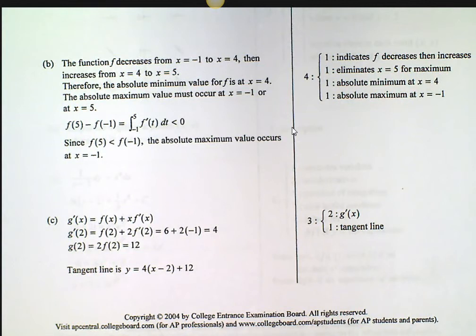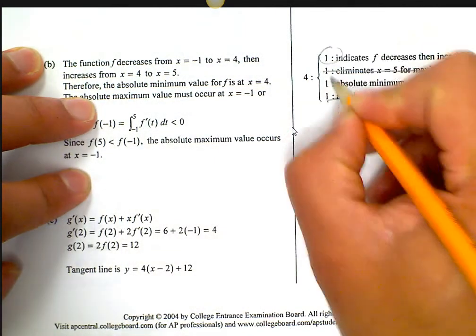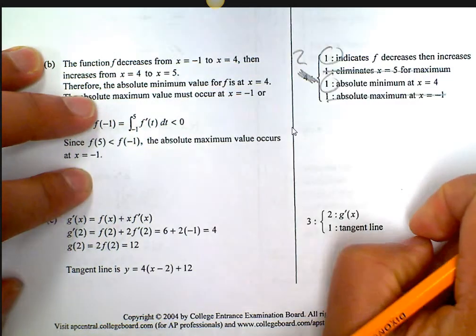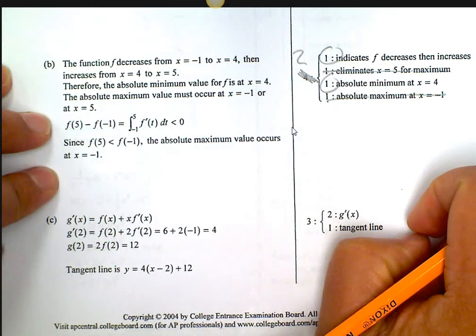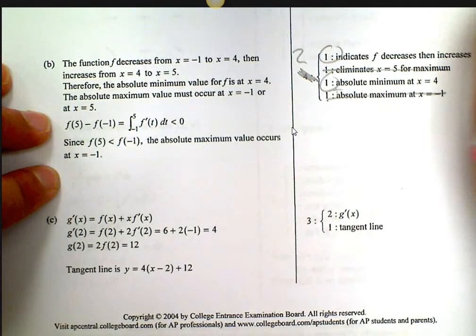And state that the absolute minimum is 4. Just grade this out of 2. So here's what I want you to grade. I want you to grade this one and this one. Just grade it out of 2. So indicates f decreases, then increases, and indicate your absolute minimum at x equals 4. All right. Next.